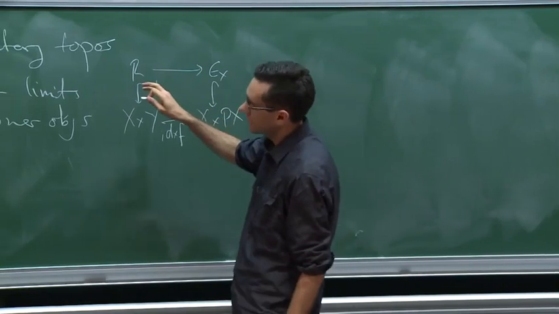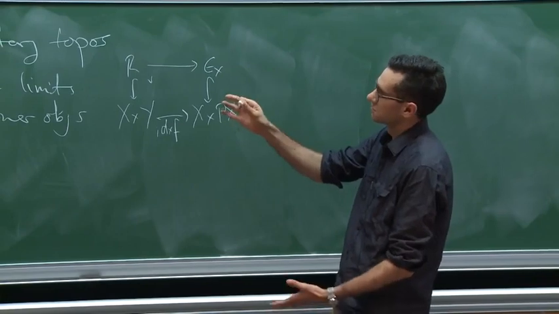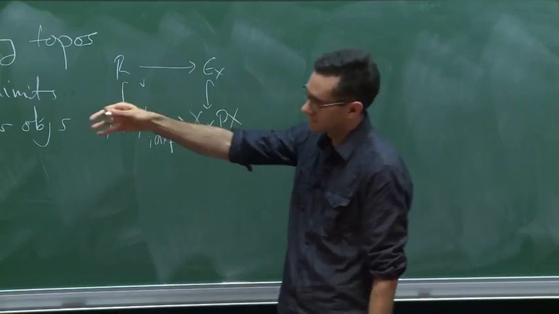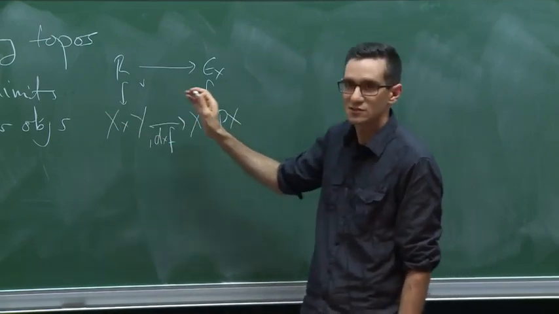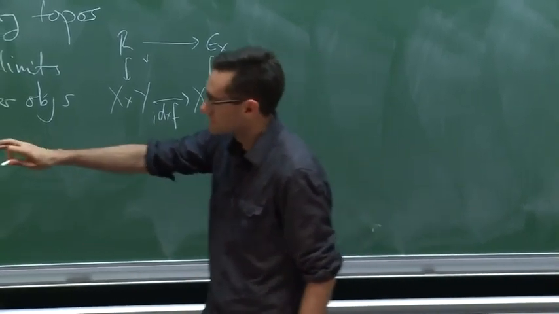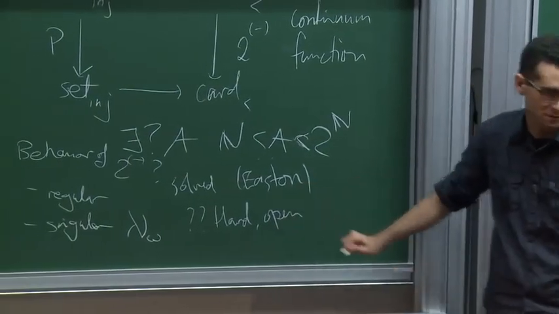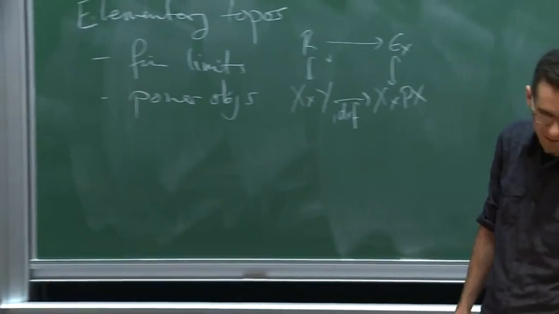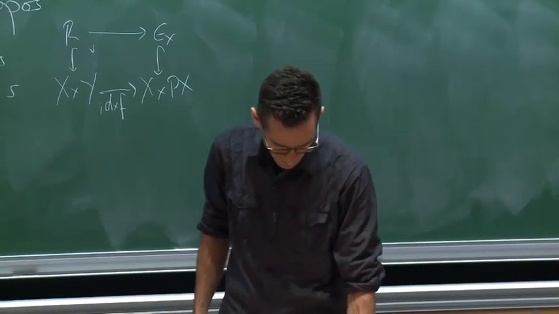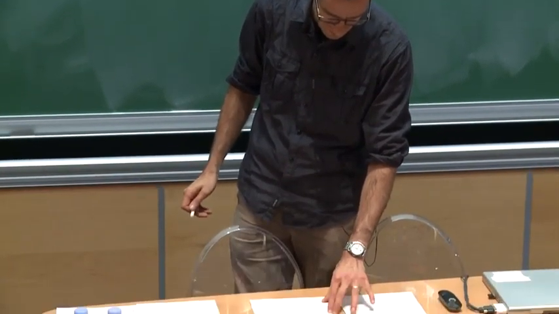Looking at the behavior of the power object functor, or the power set functor in the set theory case, somehow it has incredible freedom, as we see from set theory, but in fact it gives us lots of structure. So it's good to understand what's going on here. This is solved purely in classical logic with choice. If you throw away choice, set theorists run screaming from the room and say, I don't know what cofinality is. It doesn't make sense. Why do you want to do it?